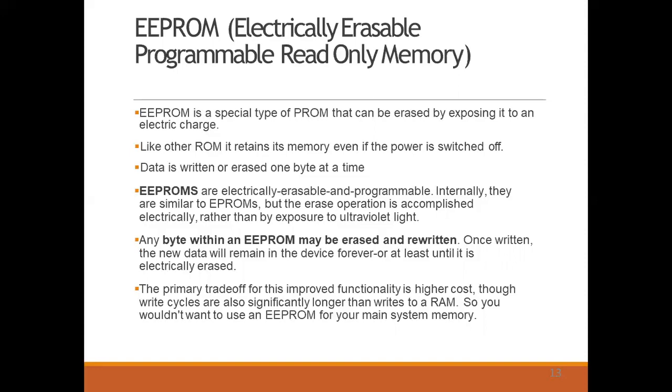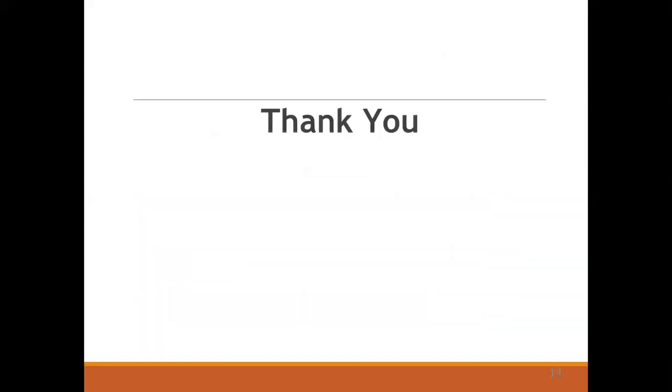So you would not want to use an EEPROM for your main system memory. If you are not a software developer and not running a very huge server, it will be better to use the EPROM rather than the EEPROM.